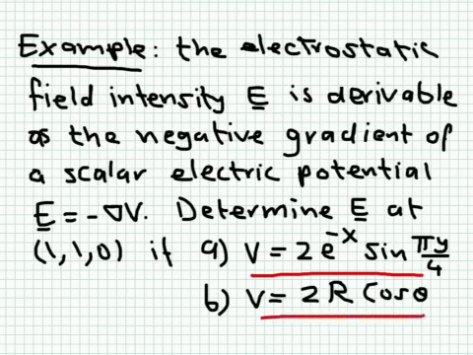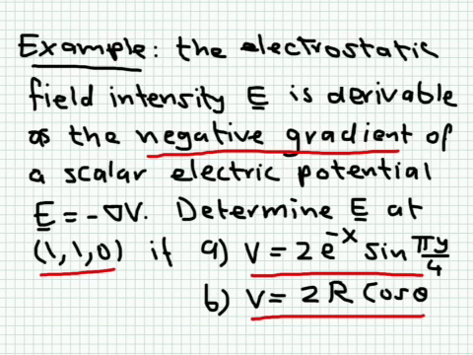This is a potential here in spherical coordinates, and I want to calculate the electric field at these two points, 1, 1, and 0. And again, just remember, and this is something you will get used to during the course, that the electric field is in the direction of the negative of the gradient. It's not the direction of the gradient, it's the direction of the negative of the gradient. So once you find the gradient, you must multiply by a negative sign.